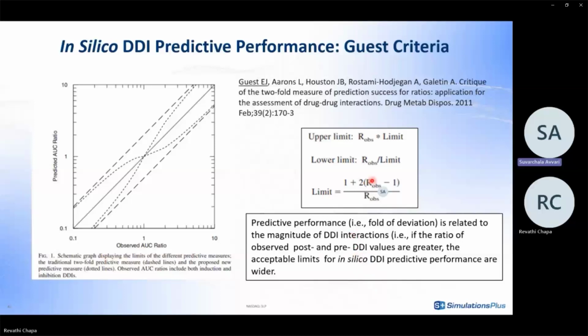And if this magnitude of the DDI predictions, the R value, is greater, the acceptable limits for the in silico DDI predictive performances are wider. So if we see here, if the DDI interaction ratio, which is the Cmax or AUC ratio, is equal to 1, the value is close to unity. And once the ratio of the observed post and pre-DDI values is greater than 1, we can see this line becoming wider compared to the unity line.